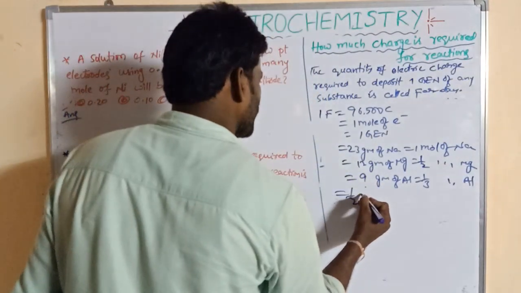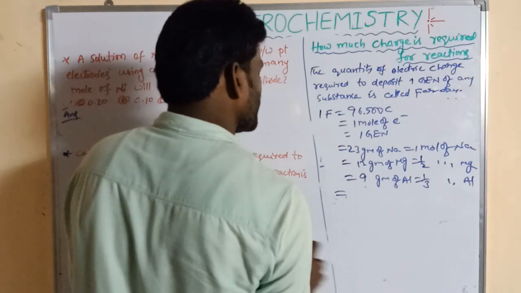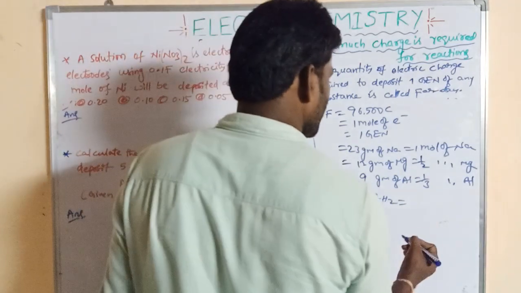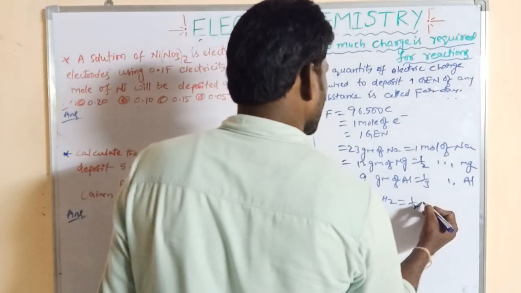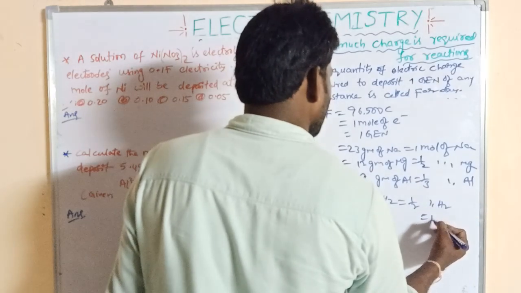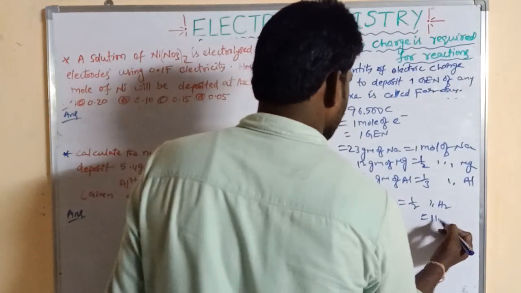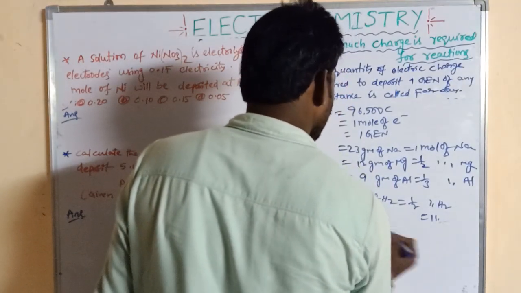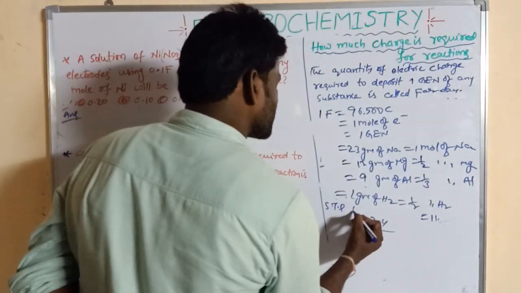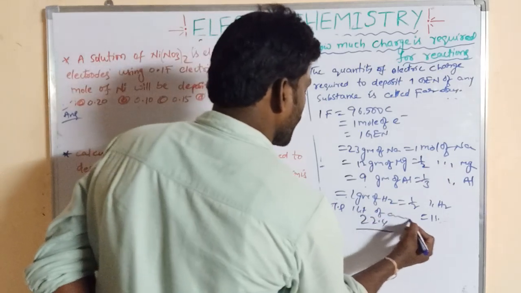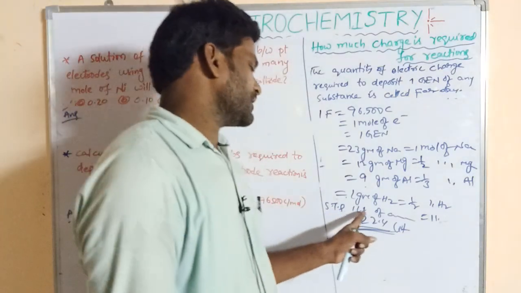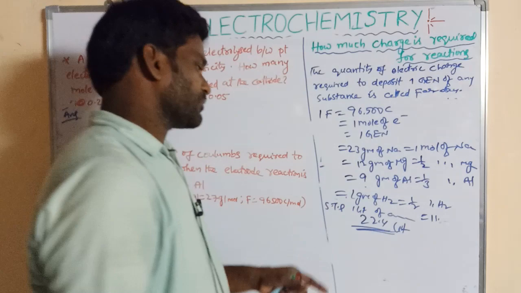Similarly, 1 gram of H2 is equal to 1 by 2 mole of H2, which is equal to 11.2 liter.